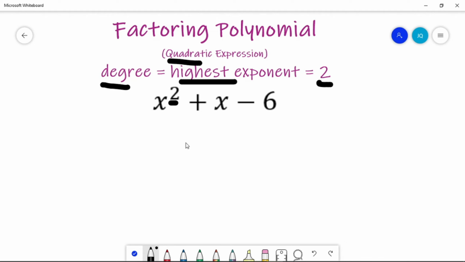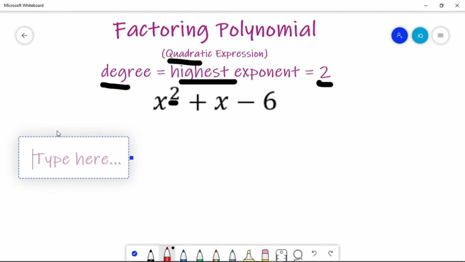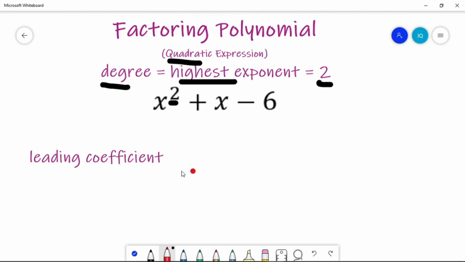You can use this step in a quadratic expression where the leading coefficient is equal to 1. When we say leading coefficient, it is the number beside the variable x with the highest exponent.